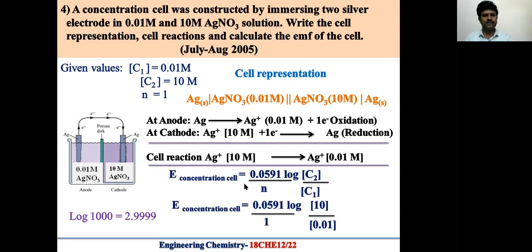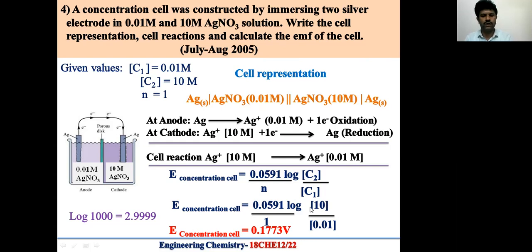And EMF of concentration cell is equal to 0.0591 divided by n log of C2 divided by C1, because they have not mentioned any temperature, so you can assume it under standard condition. So E concentration cell is equal to 0.0591 divided by 1 log of C2, the higher concentration, 10 molar, divided by the lower concentration, 0.01 molar. 10 divided by 0.01 is 1000, and log 1000 is 2.9999.